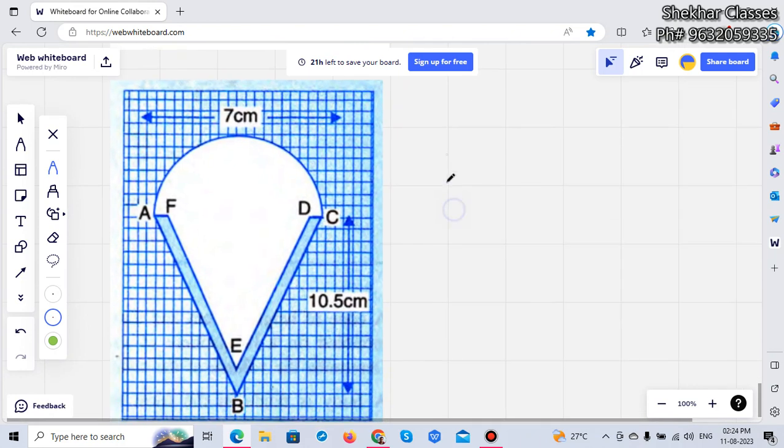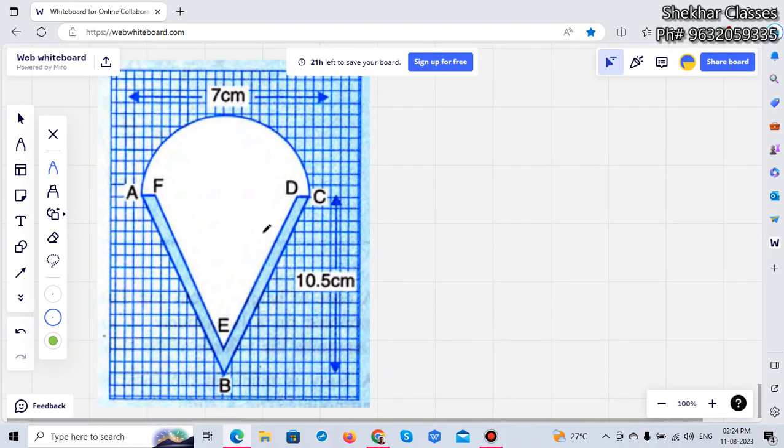Now comes this one, an ice cream. In a softy ice cream, they give you what? They're asking how much is the softy part, the ice cream part in it. So you find the volume of this entire bigger cone, right, from here to here, and from there you subtract the volume of the inner part in it, right?